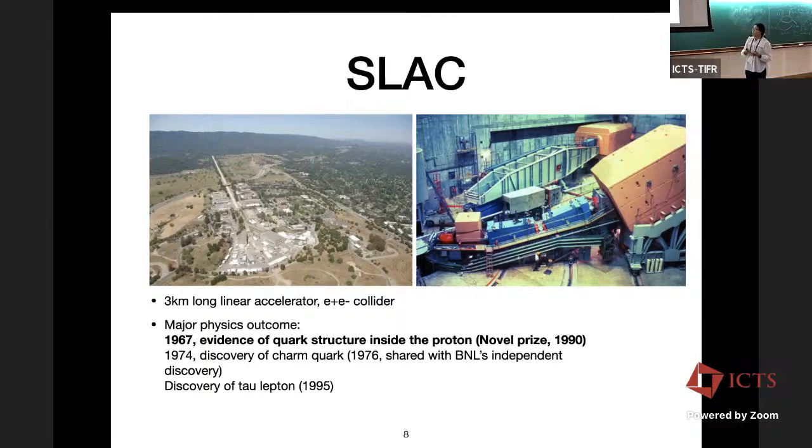But for us, the most relevant thing is the fixed target experiment that made a major physics discovery for hadron structure: the evidence of the quark structure inside the proton, which won the Nobel Prize in 1990, more than 20 years after the experiment. That took a while. Besides that, a total of 3 Nobel Prizes were won at SLAC, including the charm quark that was shared with the Brookhaven discovery, as well as the tau lepton.